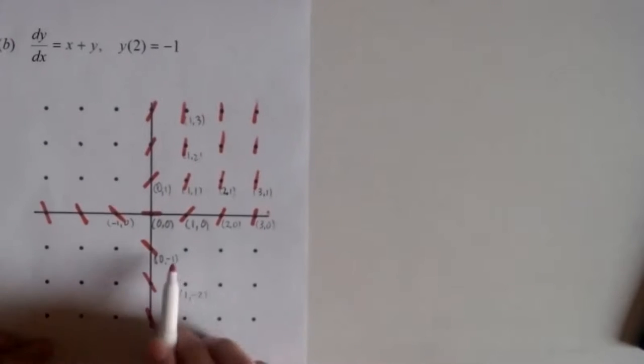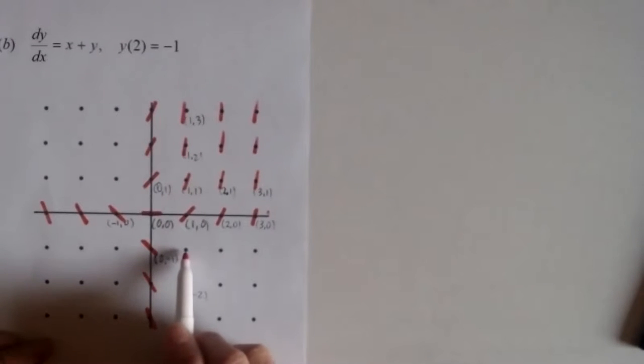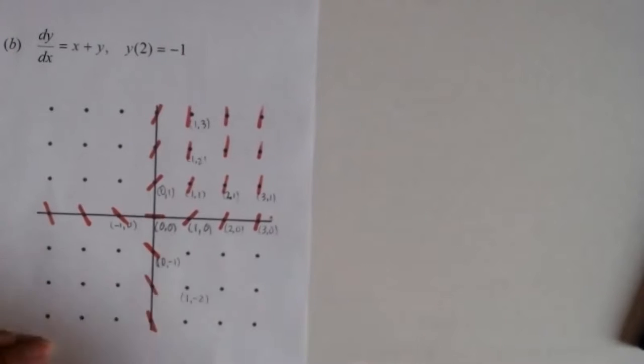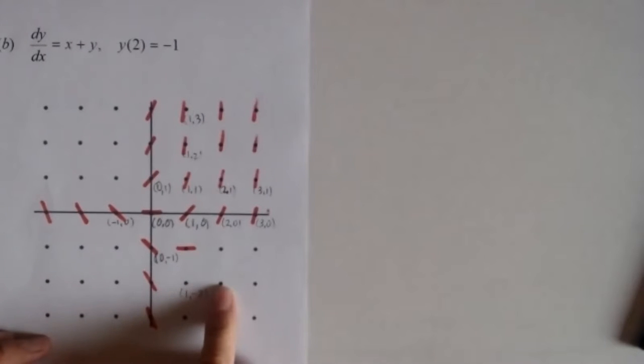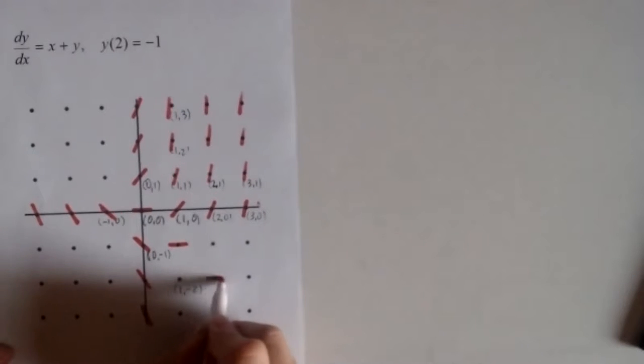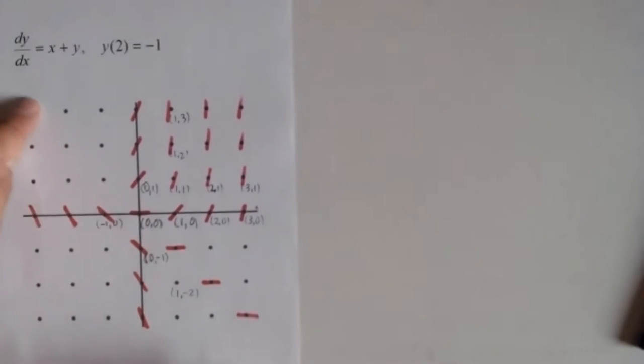The same is going to happen in all these points. This is negative 1, negative 1, correct? So 1 plus negative 1 is 0, okay? You put a 0 here. This is the point 2, negative 2. 2 plus negative 2 is 0. So all this line is going to have a 0. So if you see this line, all these ones are going to be 0.